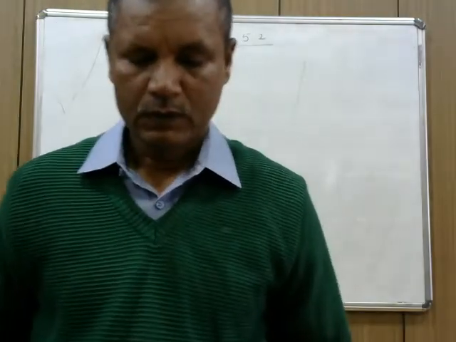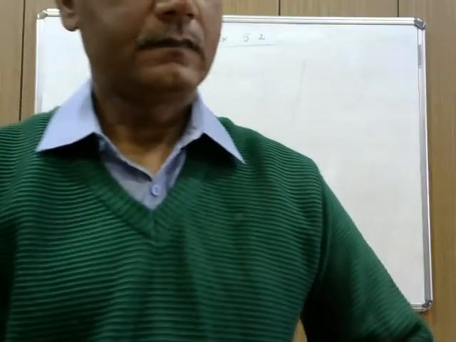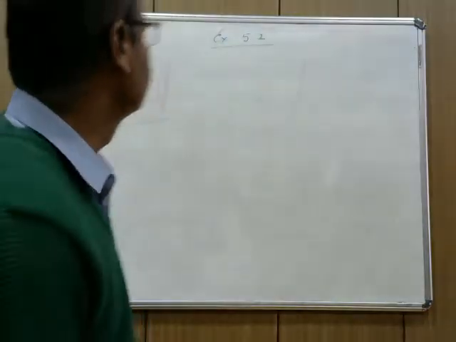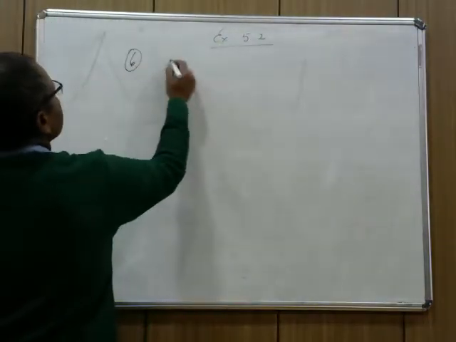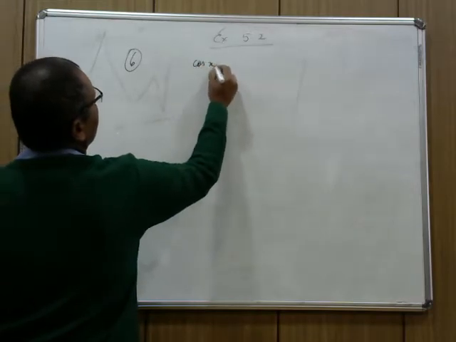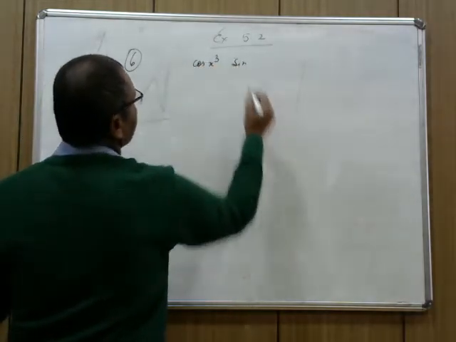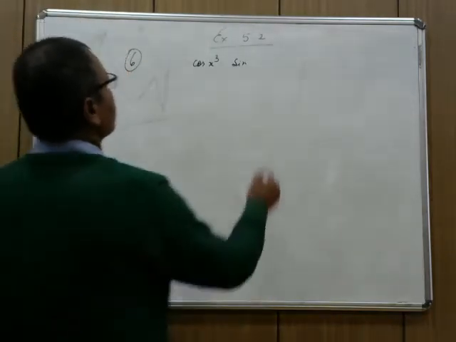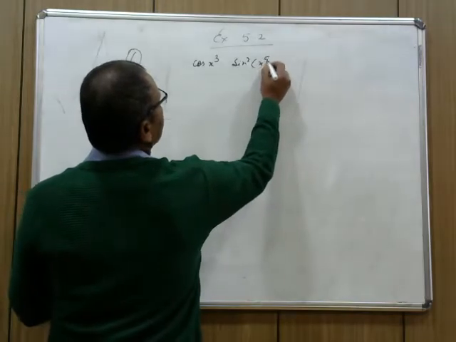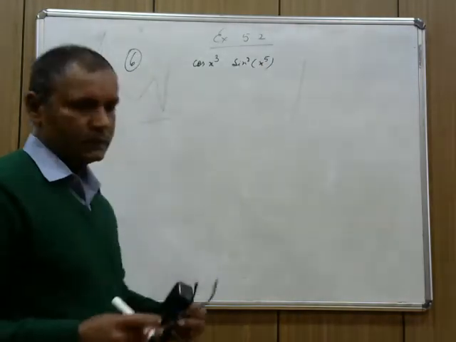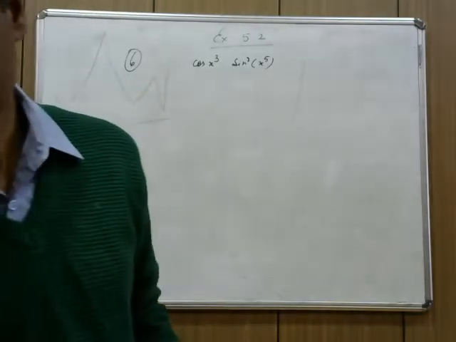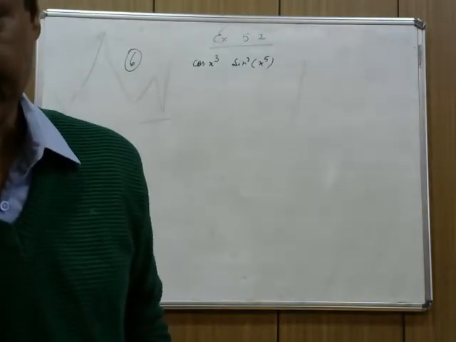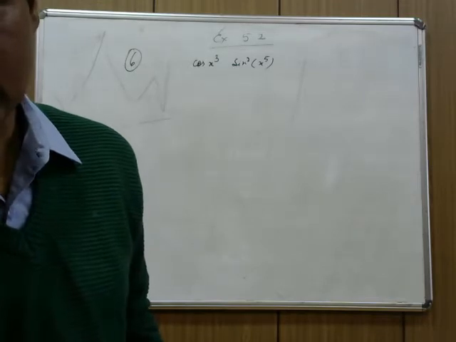The next question is cos x cube into sin square x to the power 5.